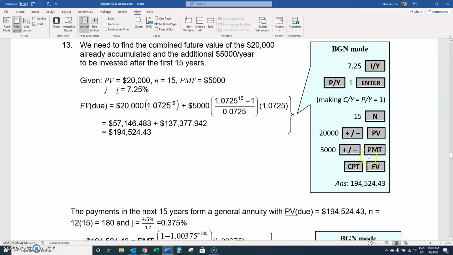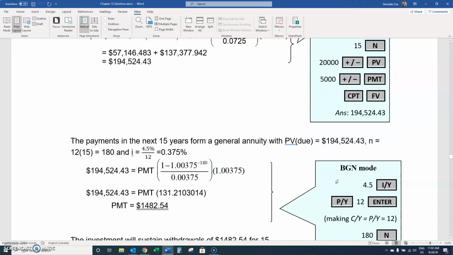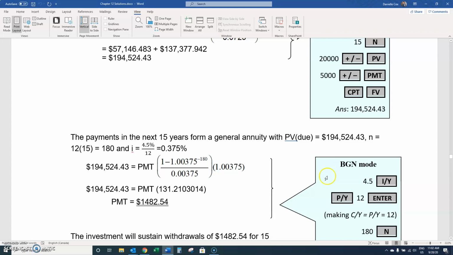We're looking to figure out what that money will be worth at the end of that period. So it's the future value, and he's going to have $194,524.43.